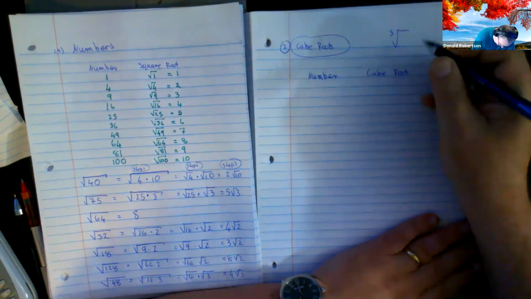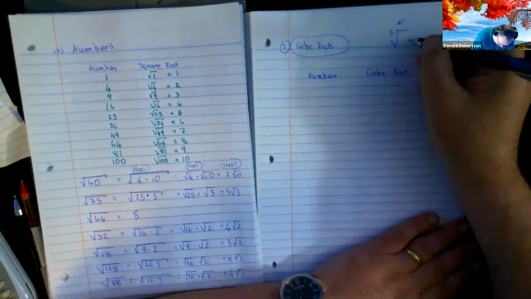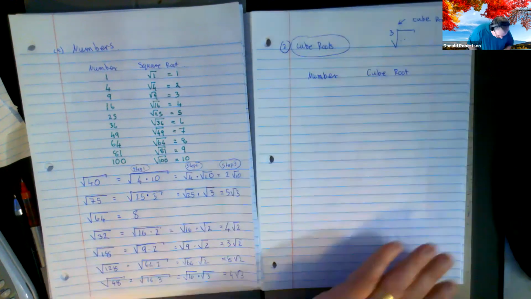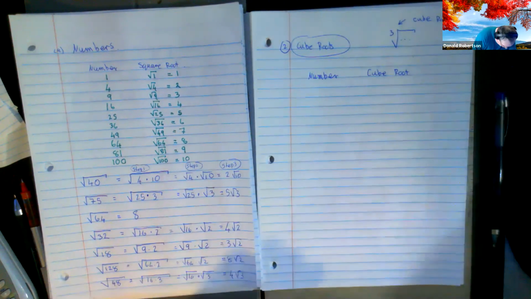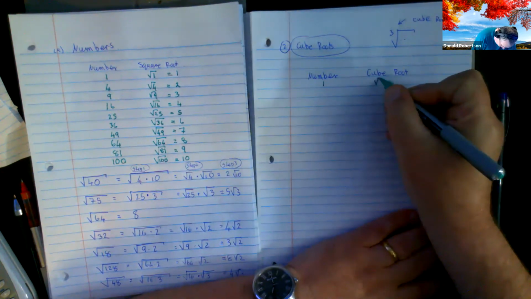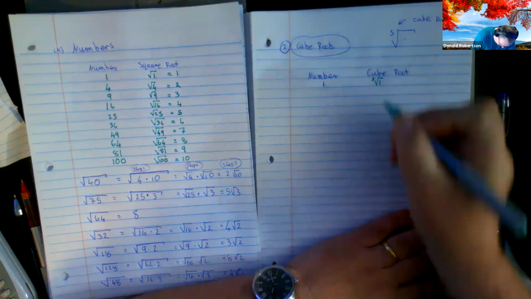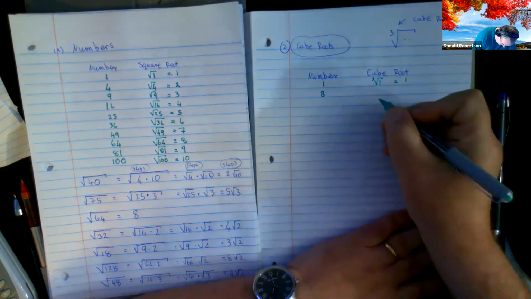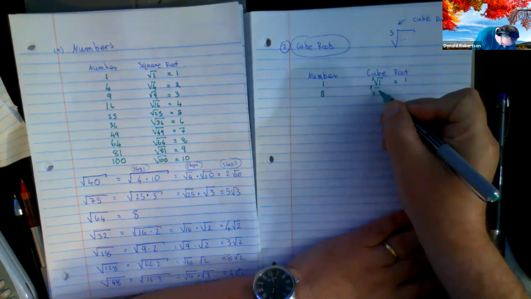Whenever you see that symbol with a 3 there, and some number or expression inside it, we say this out loud as the cube root of, and then you say whatever the dots are. There are some numbers that have nice cube roots. The next perfect cube is 8.